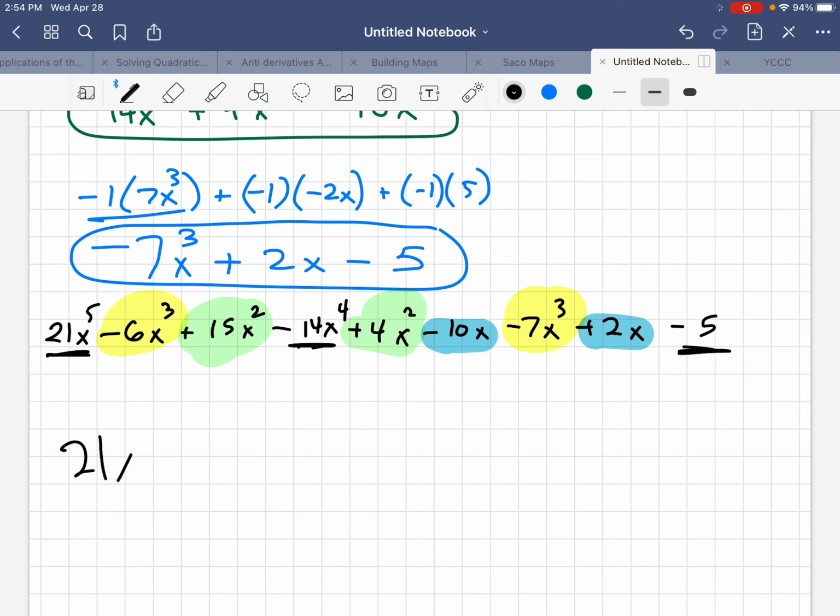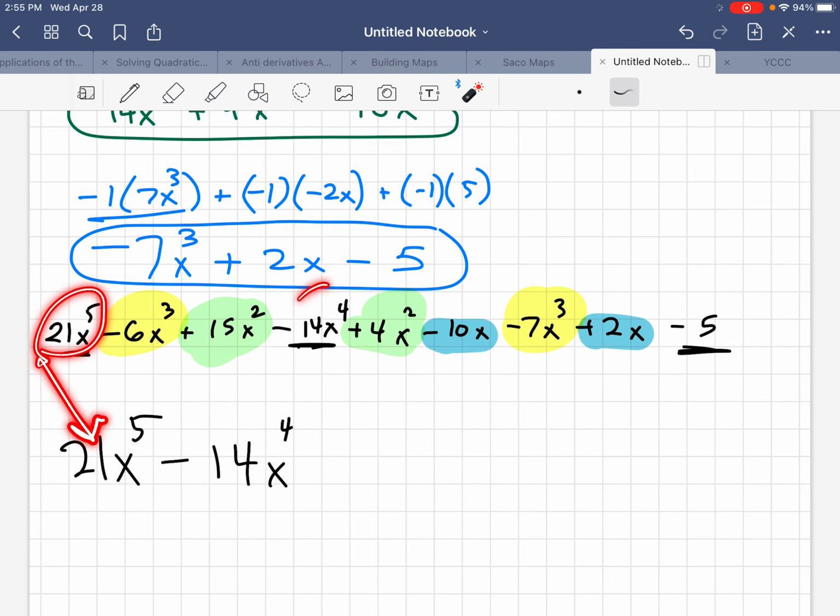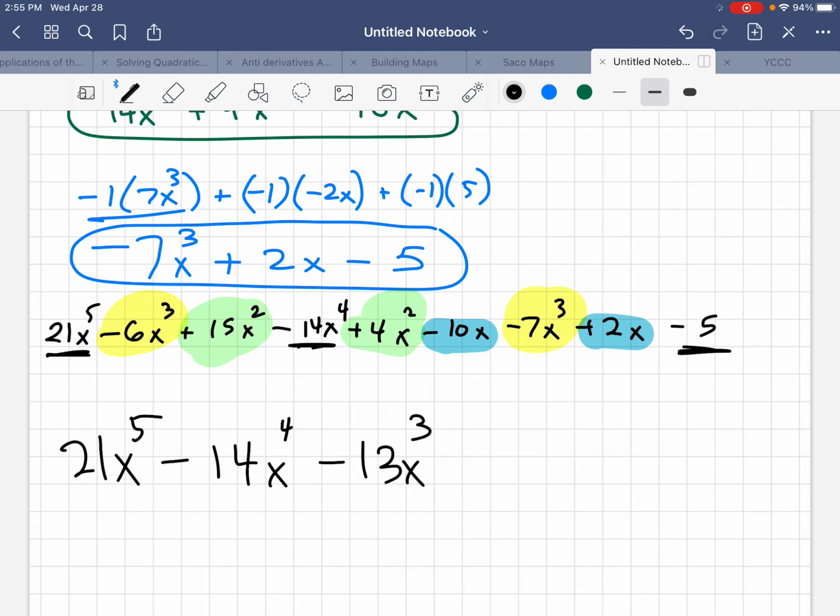So 21x to the fifth, there are no like terms. Negative 14x to the fourth, there are no like terms. Okay, and notice that I started with the highest degree and I'm working my way down. I just don't go left to right. I'm looking for the highest degree and the next. So after 4 would be the 3's, negative 6 and negative 7 would be negative 13.